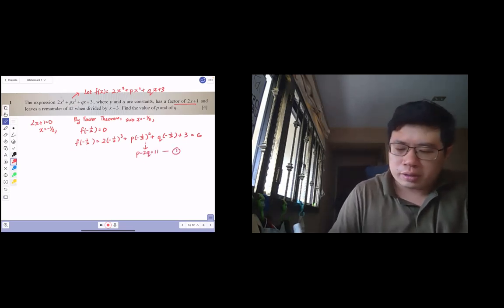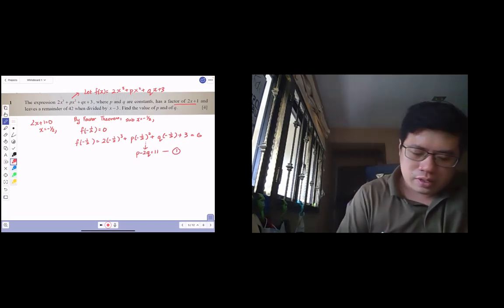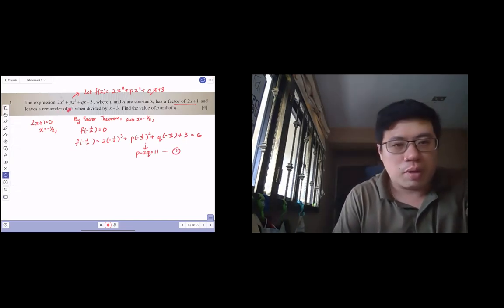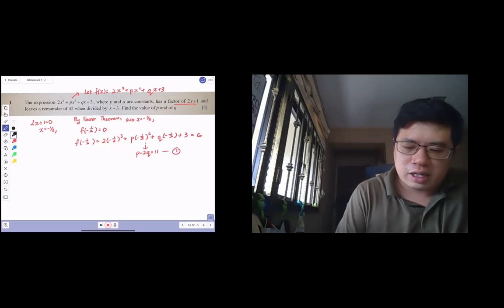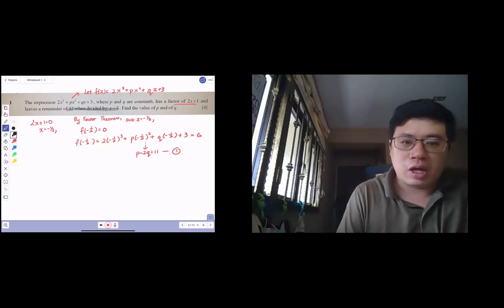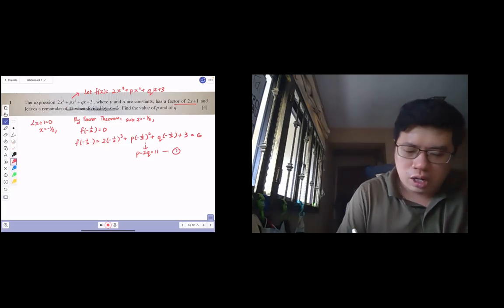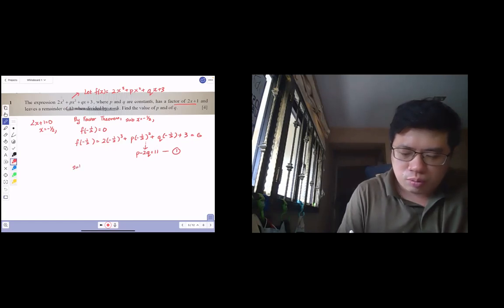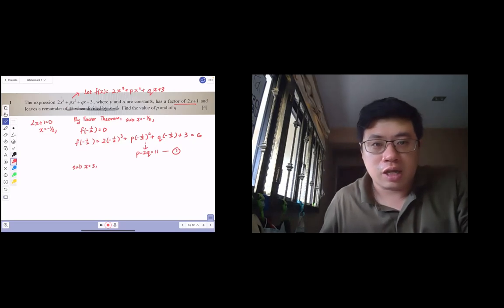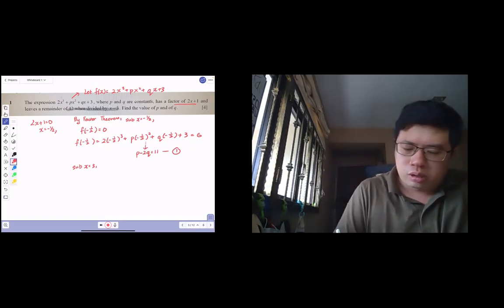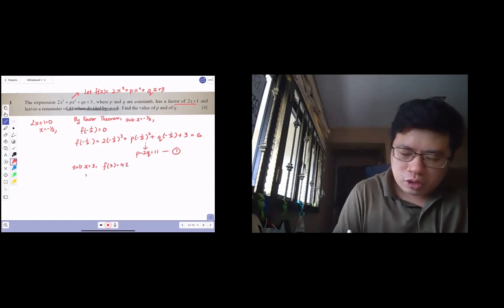Okay, that's equation 1. Our second piece of information here is the remainder of 42, where it's divided by x minus 3. When we divide by x minus 3, simply we sub x to be equals to 3. The remainder theorem tells us that when we sub x equals to 3, f of 3 will be equals to 42. So that's what we'll do. We sub x equals to 3.